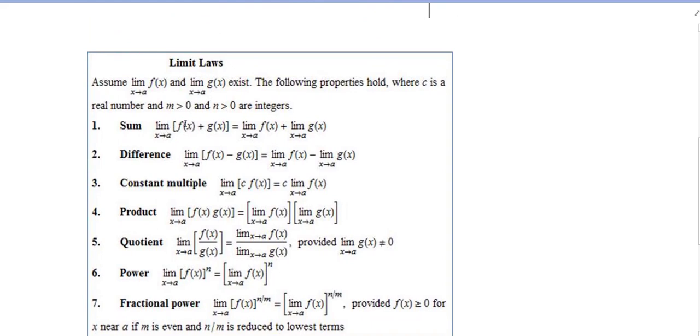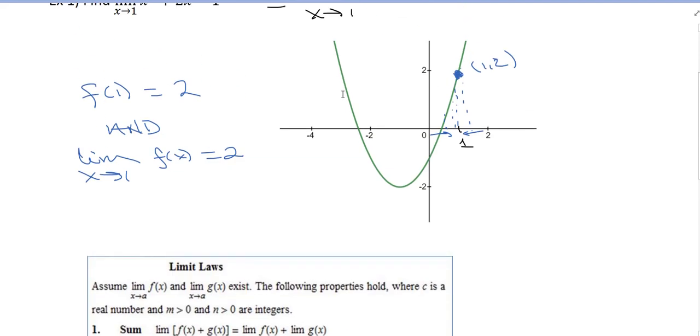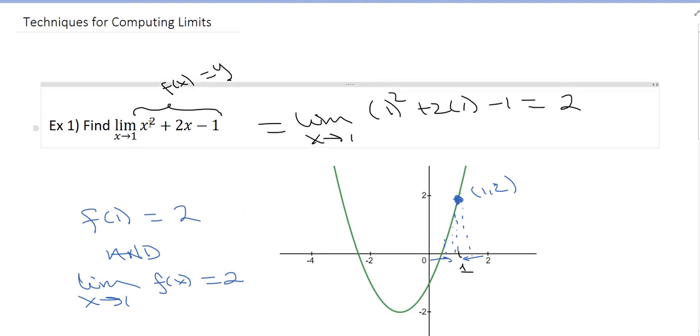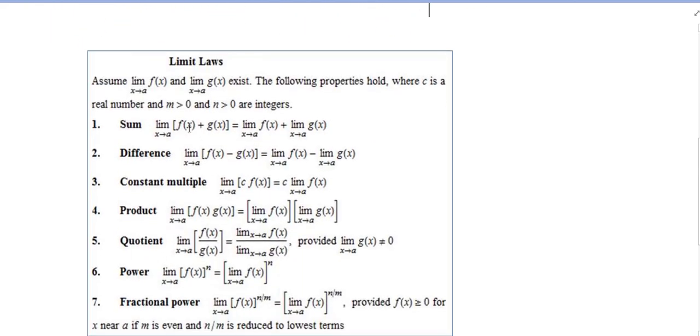So the sum: if you're trying to find the limit as x goes to a number of the sum of two functions, you can just find the limit of each one. So that's kind of also what this is doing. If you consider x squared one function, so y equals x squared, or f of x equals x squared, then g of x equals 2x minus 1, you can think of this as the sum property of limits.